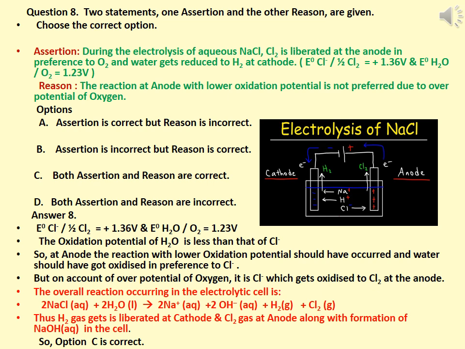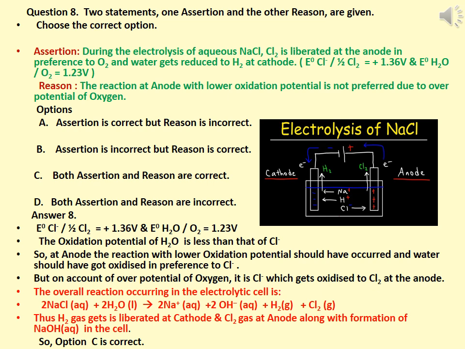More about overpotential you will be studying in higher classes. So, the overall reaction occurring in the electrolytic cell is 2 NaCl, that is aqueous NaCl means there's water, plus 2 H2O gives 2 Na plus aqueous plus 2 OH minus aqueous. That means the electrolyte now has Na plus and OH minus. That means caustic soda is formed. Sodium hydroxide is formed in the electrolyte.